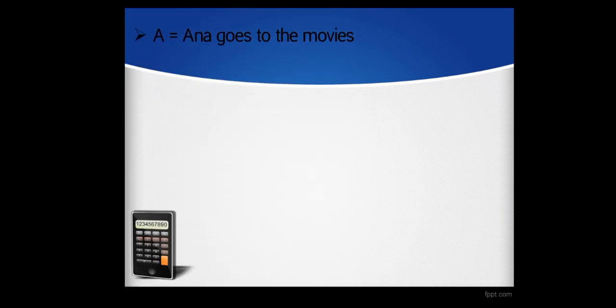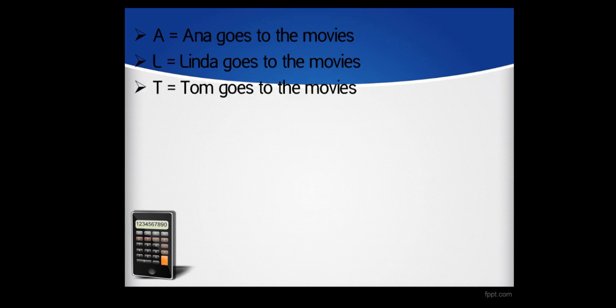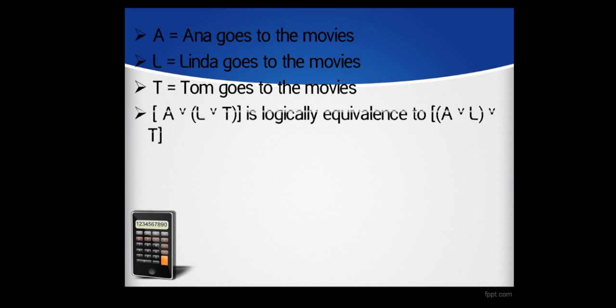So for example, I have here an example. So A, Anna goes to the movies. L, Linda goes to the movies. And T, Tom goes to the movies. So therefore, A or the quantity of L or T is logically equivalent to the quantity of A or L or T. Or therefore, Anna and Linda and Tom goes to the movies.